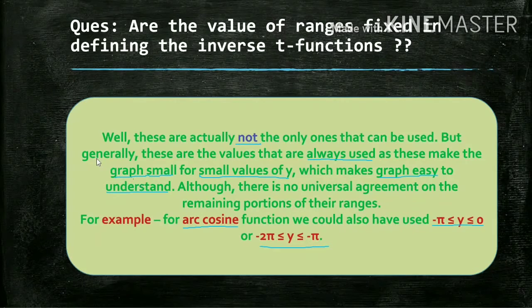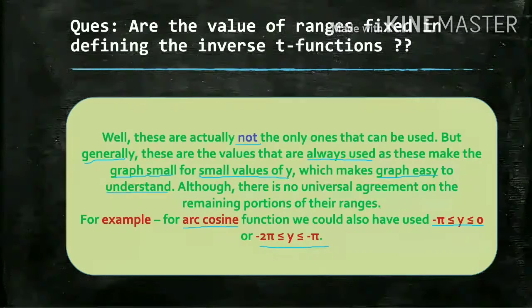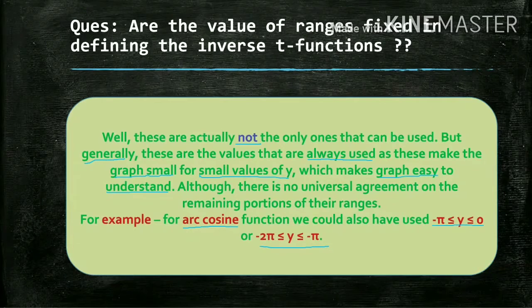And these are the values generally followed by every book, every writer and every teacher. So these are the general values that everyone uses to define the function. Although you can use other values as well, because there is no universal agreement on the remaining portions of the range, these are the values that are generally used.